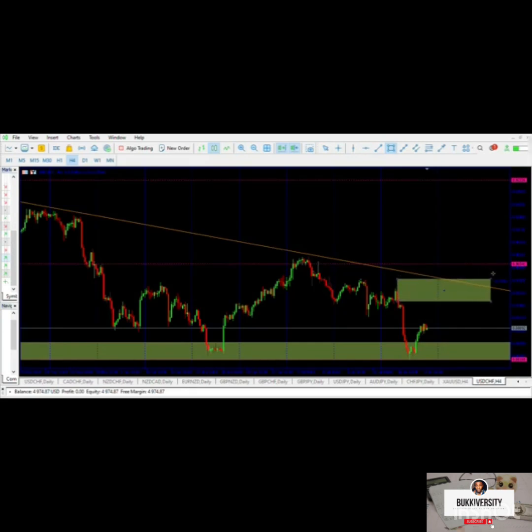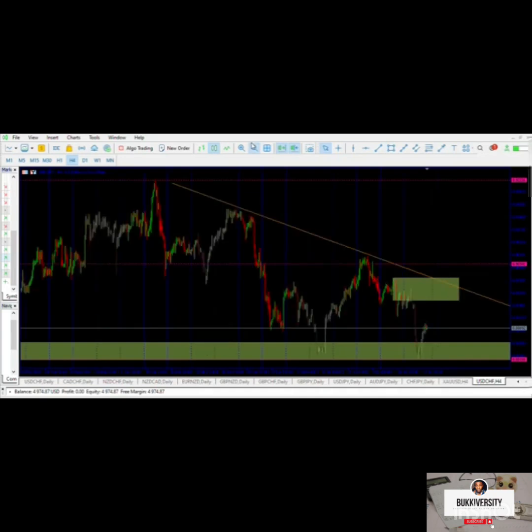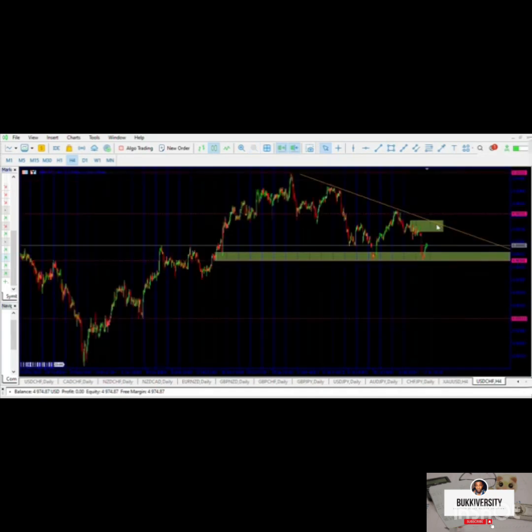I don't know if you're seeing it, but getting to understand these points is always crucial for trading. So I'm always conscious about these levels. So this is what we're expecting.